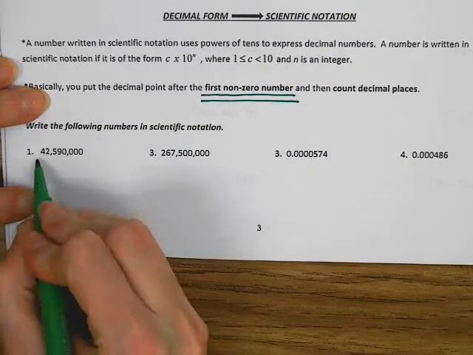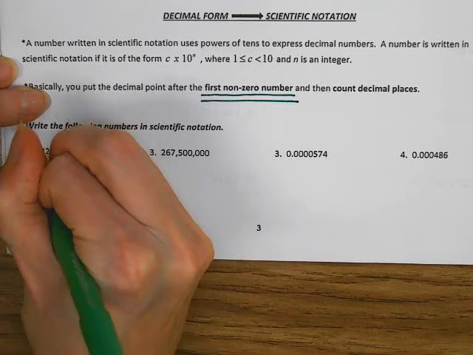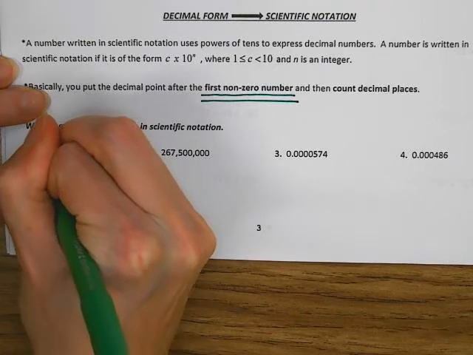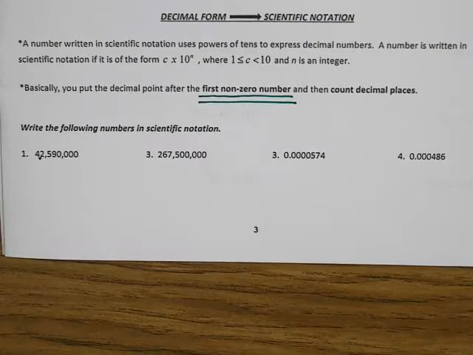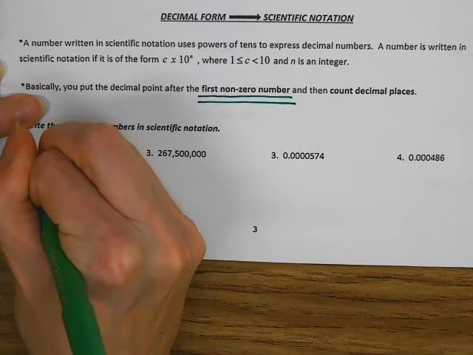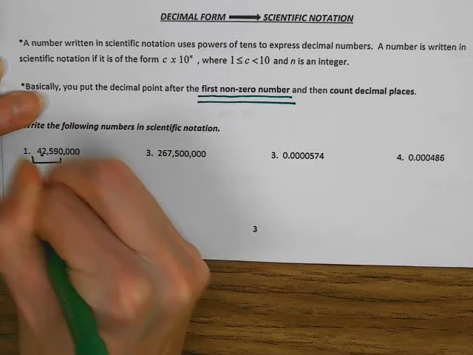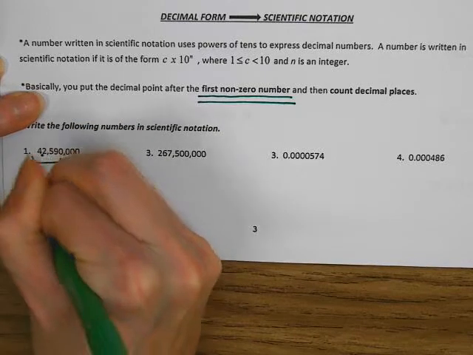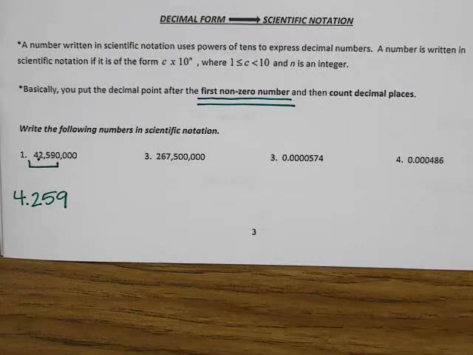So if you go from left to right, the first number that's not 0 is going to go right here. That's what you do first. And then you're going to write all the numbers but not the zeros. So this will be 4.259. Don't write any zeros.